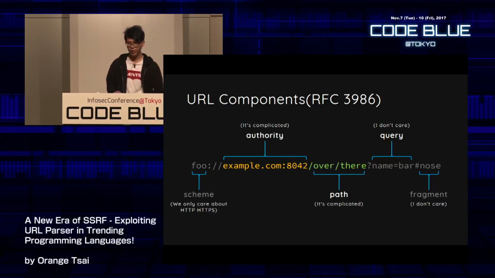For the scheme, we only care about the attack scenario on HTTP and HTTPS. For the authority and path, they are too complex to understand, and we will take a look later. Finally, as for the query and the fragment, I don't care.